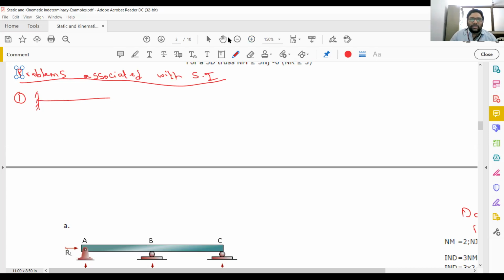First, what type of beam is it? Can someone message? What type of beam is it? Cantilever, correct. And this one?